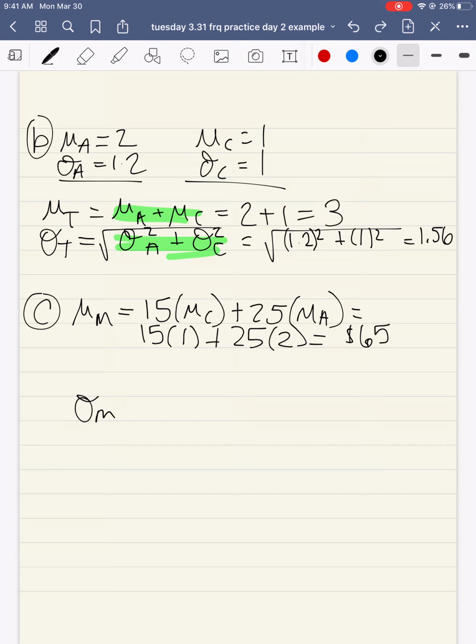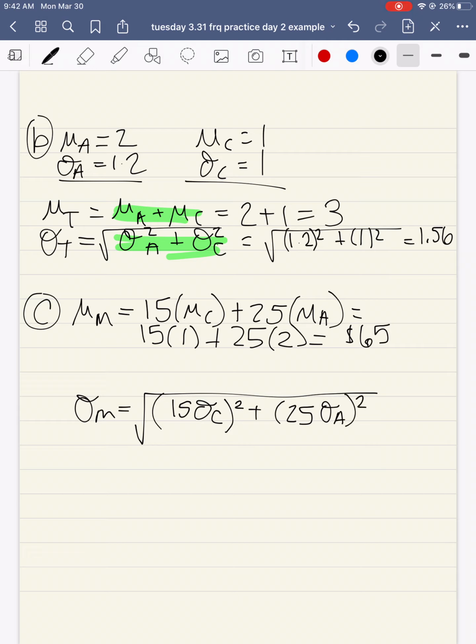Now we need to calculate the standard deviation. We're going to do this in a pretty similar way. We're going to use this formula that we calculated above, but we're just going to multiply each value by its cost and square that quantity. So we need the square root of 15 times our standard deviation of the child, and then square that whole quantity, plus 25 times the standard deviation of the adults, and then square that whole quantity.